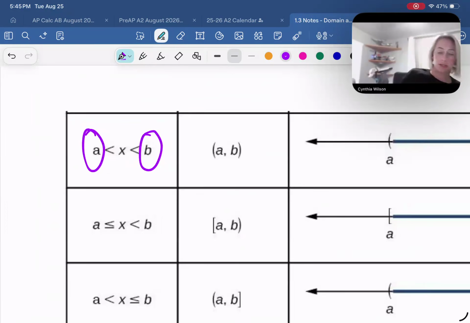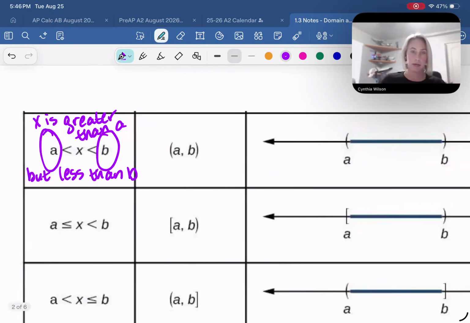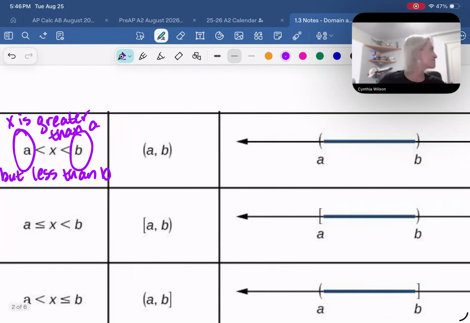All right, so this is basically read as X is greater than A, if you have any room to write it, but less than B. It means it's in between.